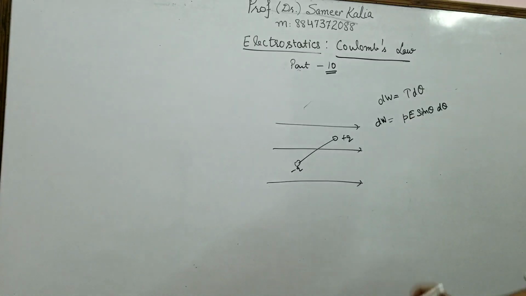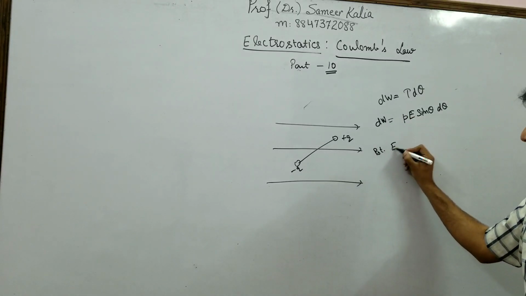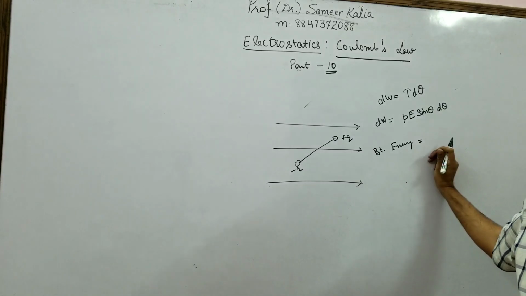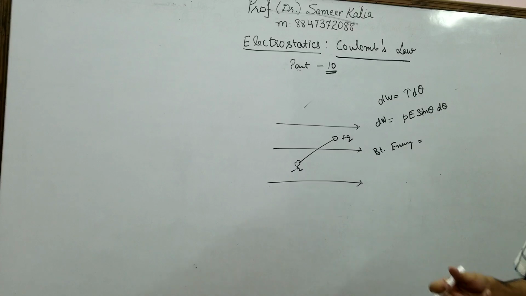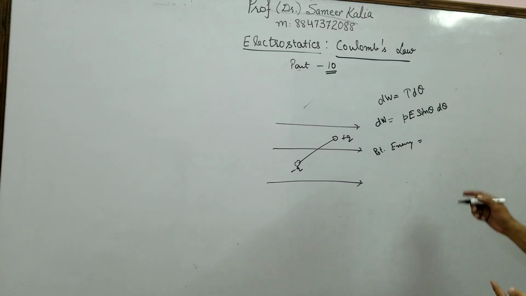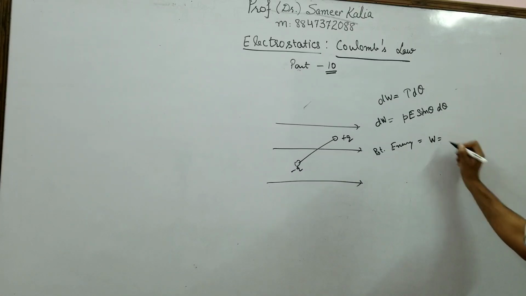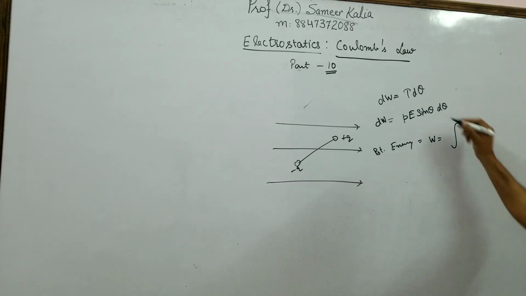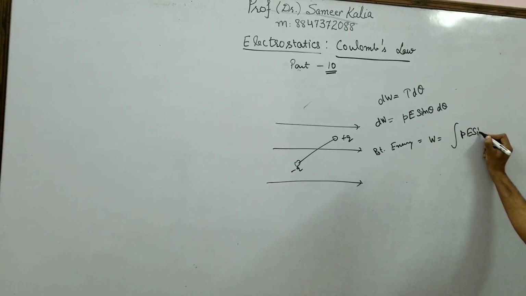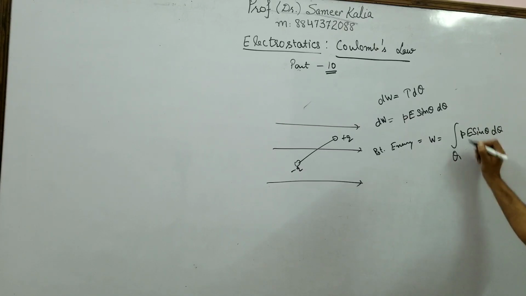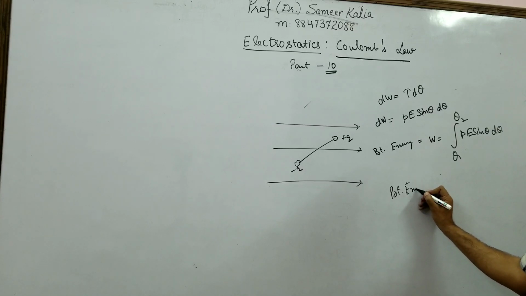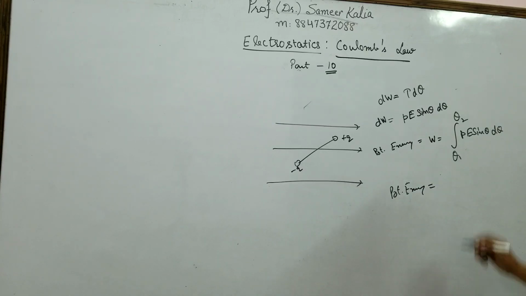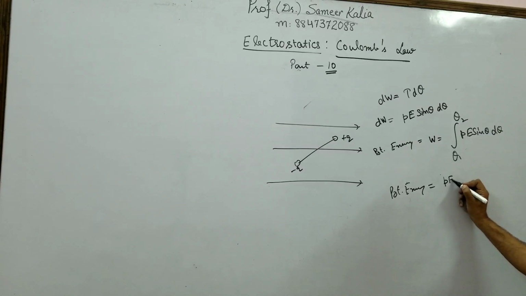How can we find the total potential energy of the system? The total potential energy stored in the system is basically the work you have done in rotating that dipole through some angle from theta 1 to theta 2. So the total potential energy can be calculated by integrating the above expression, that is pE sine theta d theta, in the range from theta 1 to theta 2. pE is constant, so it comes out of the integration.